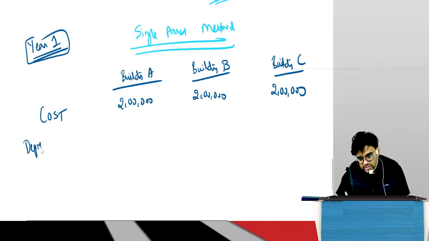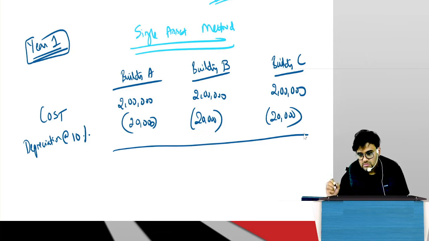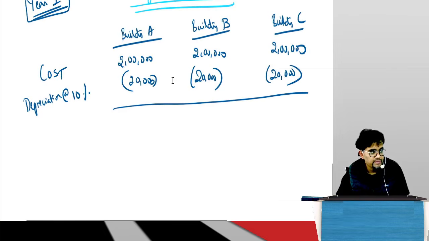Depreciation I have to charge at the end of the year. Depreciation, let's say at 10%. Single asset method. So in all the assets, 20,000, 20,000, 20,000 will go. Cost minus depreciation. 2 lakh minus 20, 2 lakh minus 20, 2 lakh minus 20.